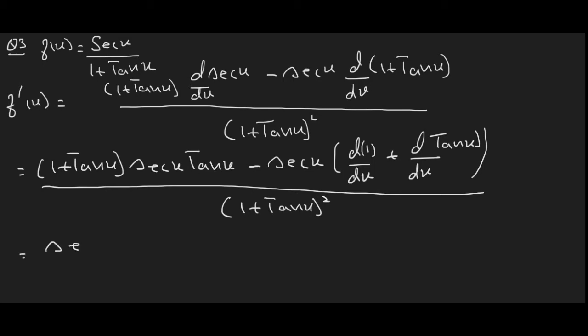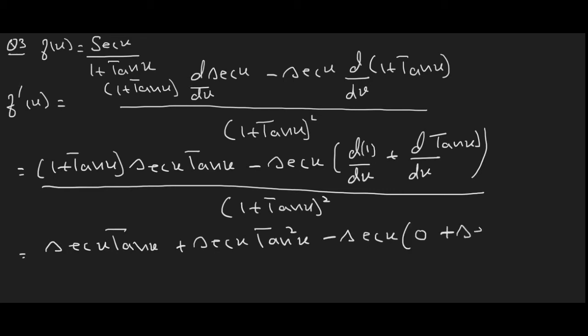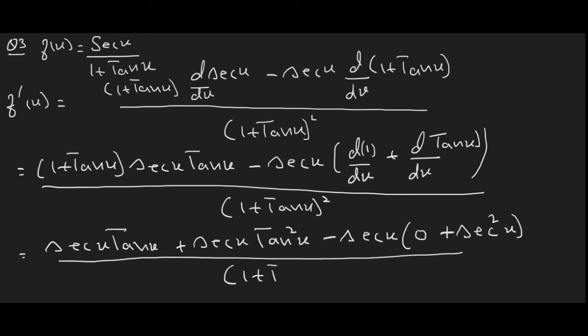So secant x tangent x plus secant x tangent square x minus secant x, this is 0, plus secant square x whole divided by 1 plus tangent x whole square.